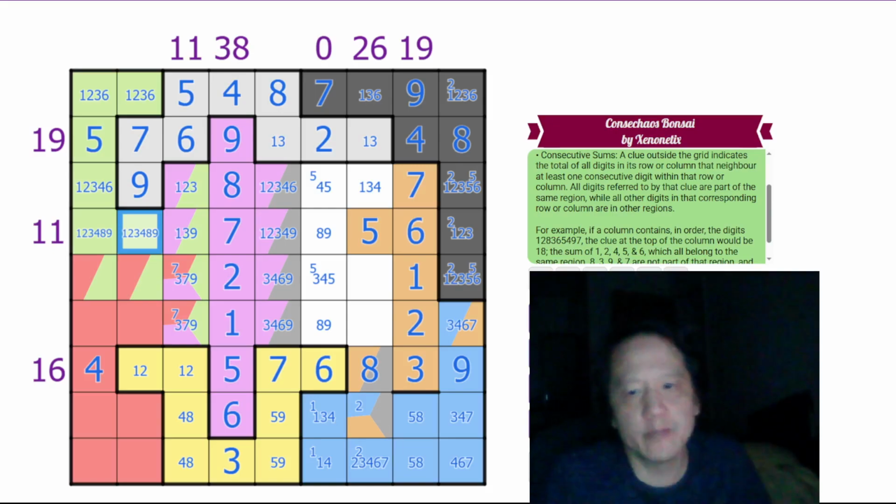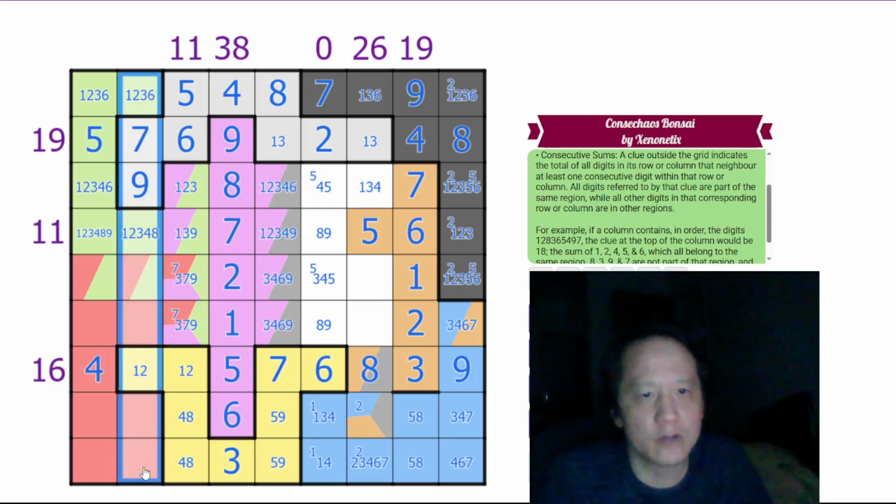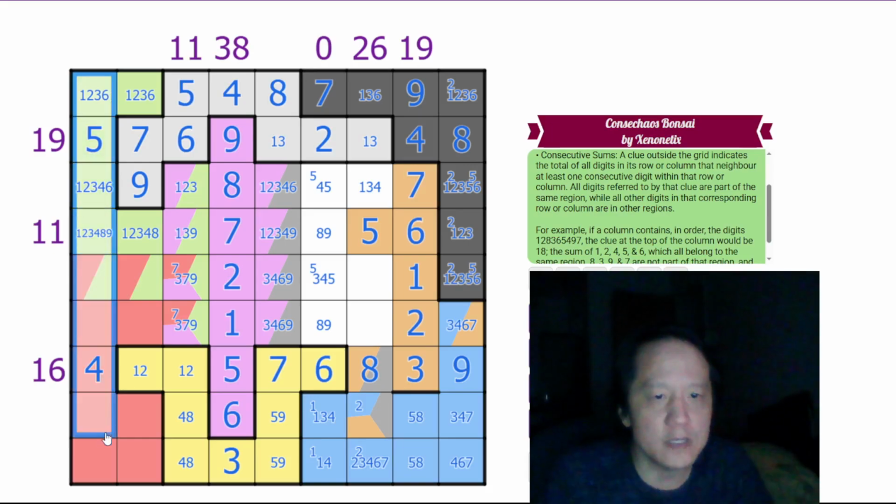So this cannot be 9 because of a 9 in the column. Where are the other 9s in these 3 columns? Can't be here. One of these 3 is a 9. Okay, so one of those 3, unfortunately. 1, 2, and 3 is not consecutive with 6. 5 and 6, that's fine.